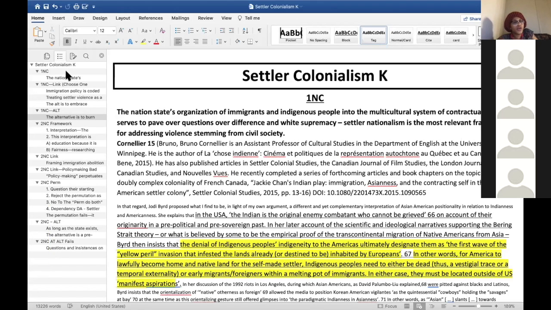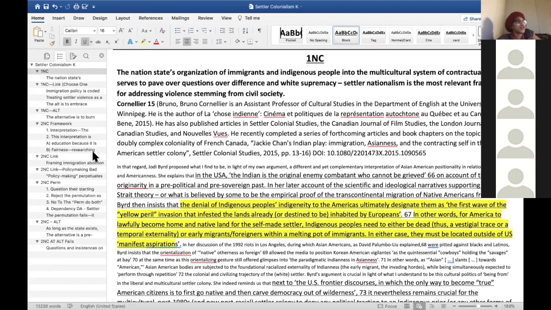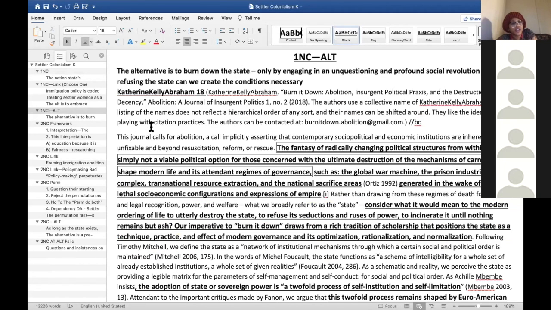So we've gone over a lot of the general understandings about what colonialism is, what settler colonialism is, some ways to understand it, and ways to connect it back to the immigration affirmative or the abolish ICE affirmative. Things that I think are a little bit tricky about this critique that you might want to spend some time working through before the tournament, if you're planning on reading it this weekend, is the alternative.